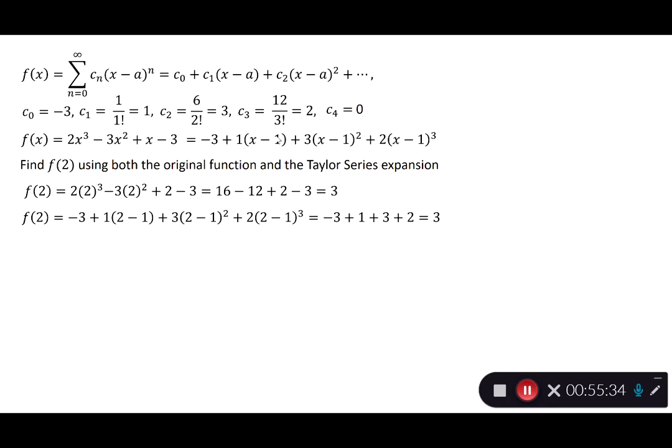Or I could ask a problem on Taylor series, same kind. Here we have 2x cubed minus 3x squared plus x minus 3. I can change the polynomial and ask you something else. Or I could ask you for a Taylor series of f of x equals sine x about a equals pi halves. So the center is pi half. Find out sine x centered about pi half. There could be a question like that.